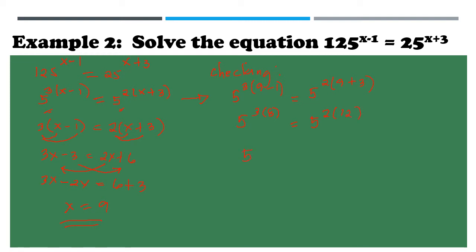So, 5 raised to 3 times 8 is 24. And on the right side, 5 raised to 2 times 12 is 24 also. So, as you can see, they are equal. So, that means that our answer for number 2 is correct.